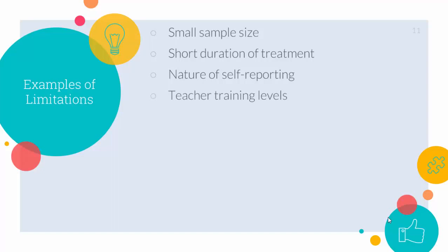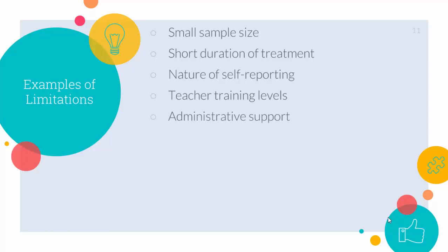Another example of a limitation would be teacher training levels. Let's say you're comparing 2 different classrooms, where you're going to have 2 different teachers, 2 different learning styles. You may have a seasoned, veteran, master teacher in one classroom, and then you may have a struggling teacher in the other classroom. Teacher training levels are certainly going to influence whatever treatment you are providing to the groups.